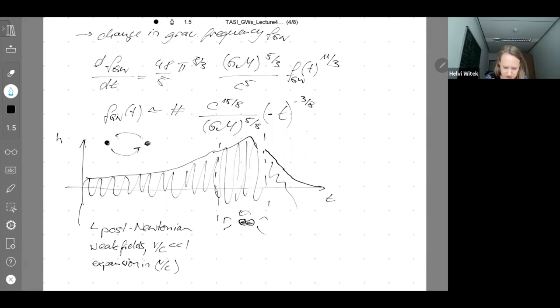Here, so this would be the ring down. Our final state here would be a single rotating object, or in this case, a single rotating black hole with some spin around its axis.